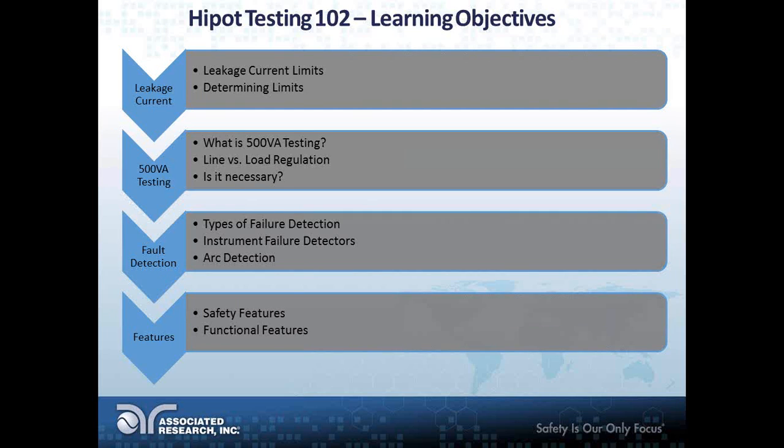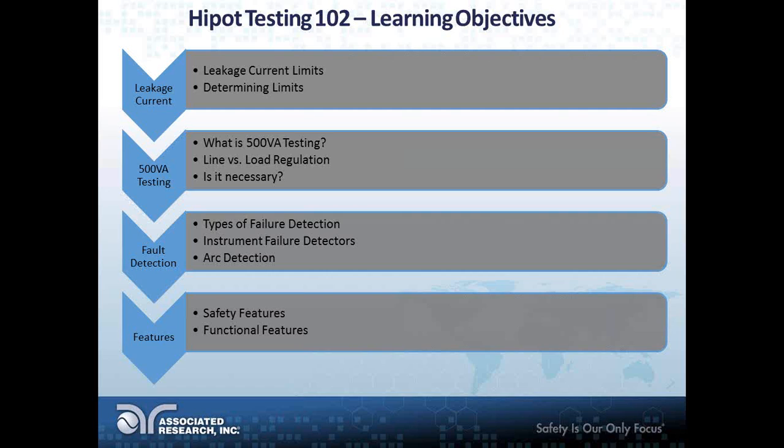And in today's webinar, which is Hipot Testing 102, here are our learning objectives, and hopefully at the end of this webinar, all of us will understand the following. We're going to start with leakage current. We're trying to understand what leakage current means and how you can determine leakage current limits for your Hipot test.